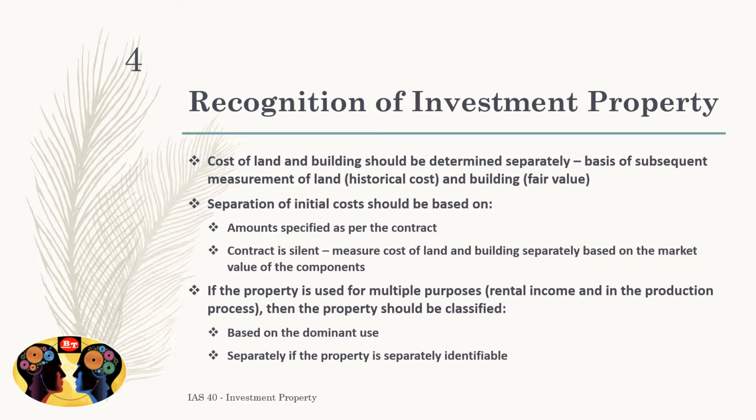If the contract is silent, measure the cost of land and building separately based on the market value of the components. If the property is used for multiple purposes, rental income and in the production process, then the property should be classified based on the dominant use, or separately if the property is separately identifiable.